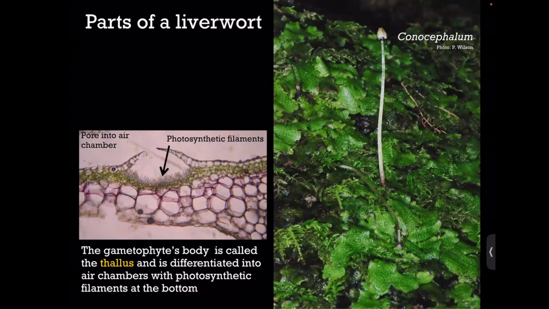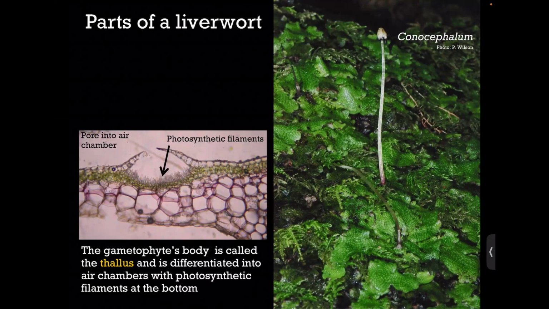Okay, we'll continue on with liverworts in the same vein: what are the parts of a liverwort? And like I said, it's a little bit hard because there's so many kinds of liverworts. I think liverworts were named after this kind of liverwort, Conocephalum. This is a complex thallus liverwort.